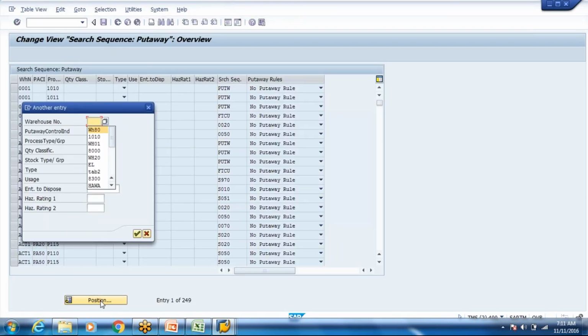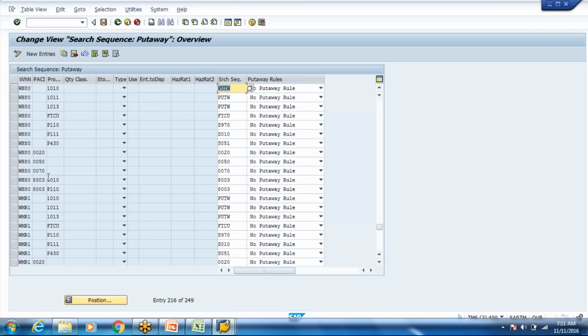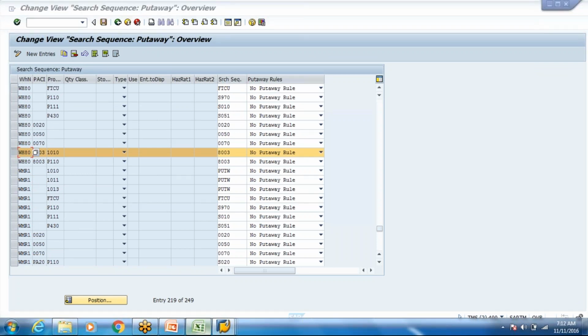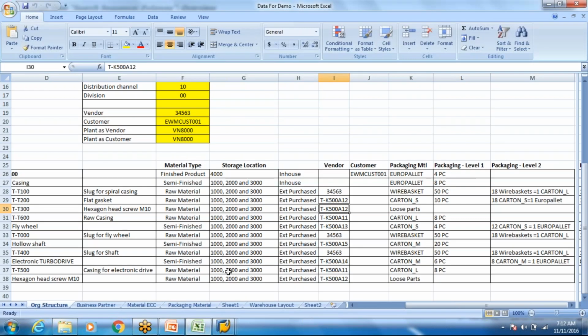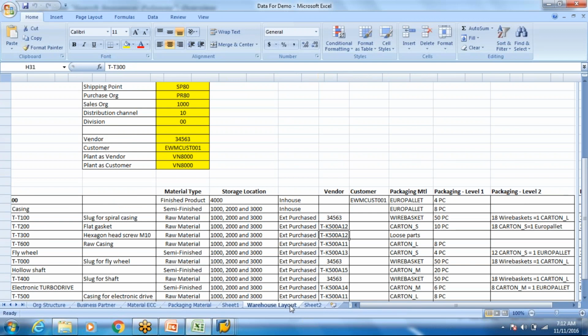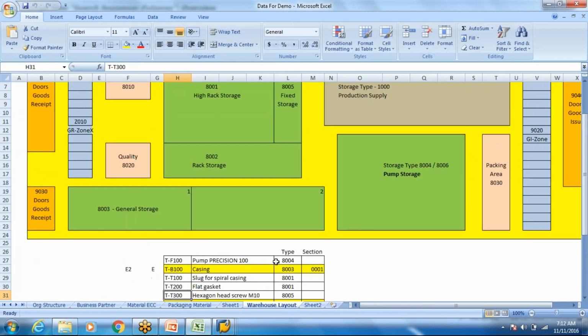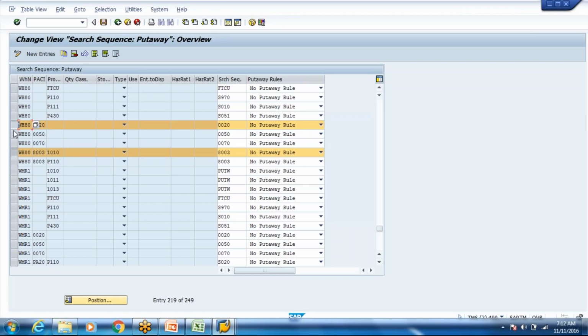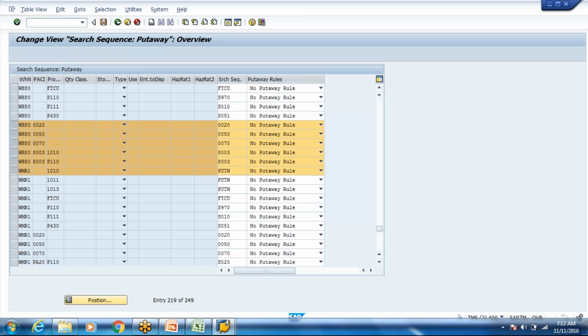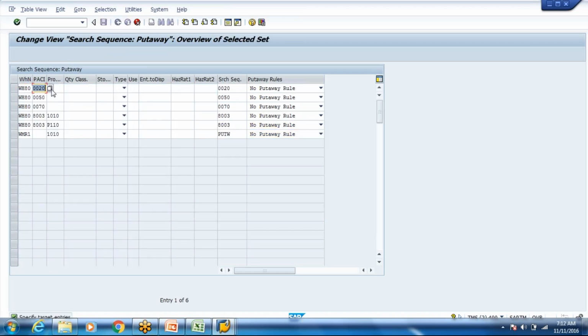For my warehouse, this config exists only for one; you have to copy it for the others. How many storage types do I have? 8006 until 8003. I'll copy this. I think I missed this config.